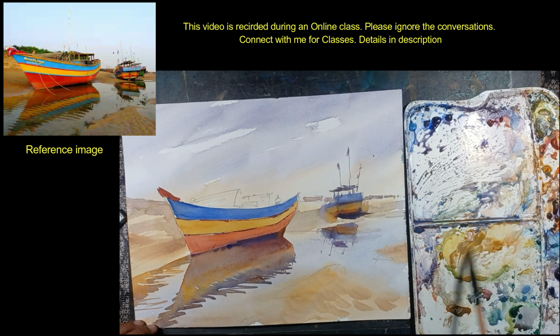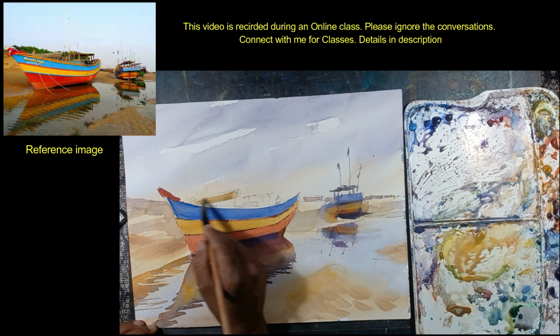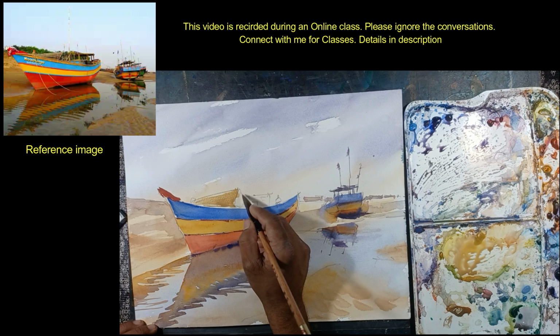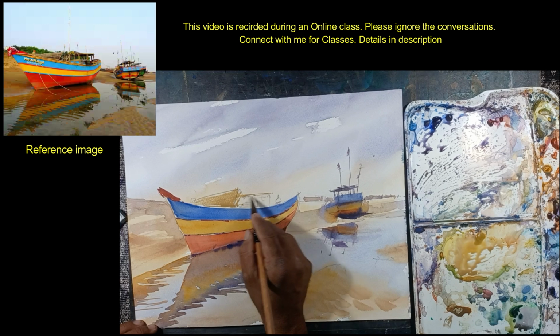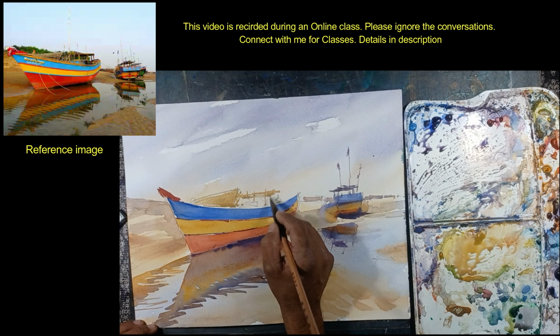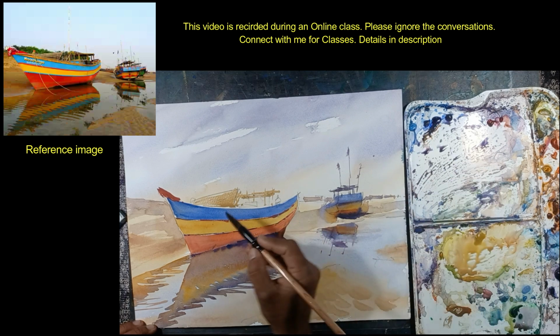Okay, so I will not take much time because it's already late. What we will do right now is take some yellow ochre with water, and we will try to give an impression of this boat's house, some kind of settlement, some temporary structure on top of the boat to keep them safe and secure in their fishing journey.